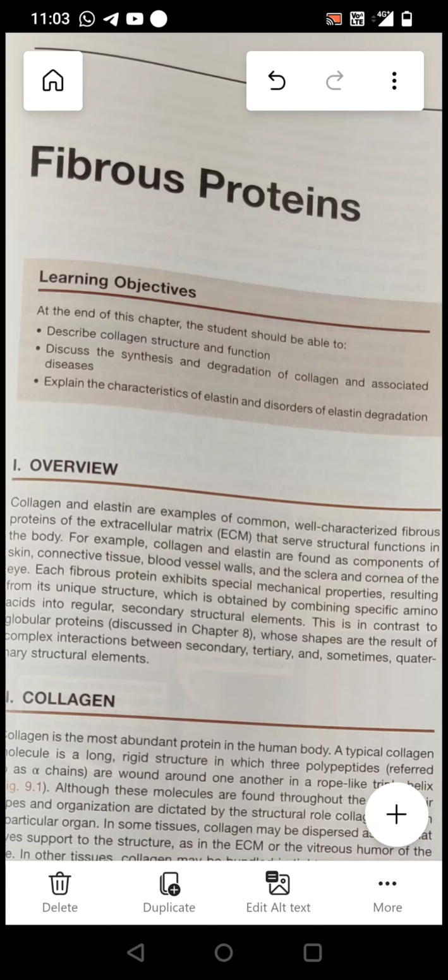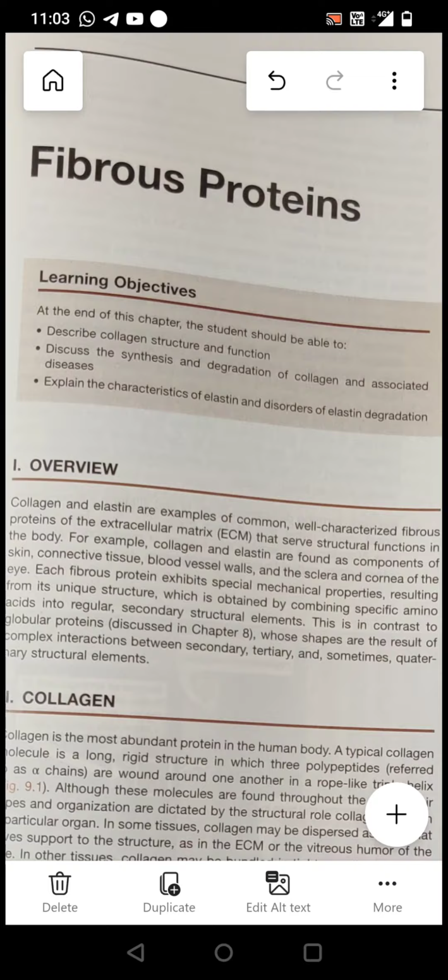Fibrin, fibronectin, laminin and proteoglycans, okay, FFLP, and that is elastin and collagen. So these six basically become part of your extracellular matrix.